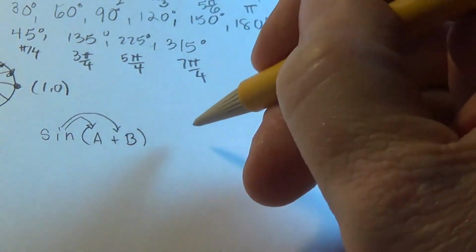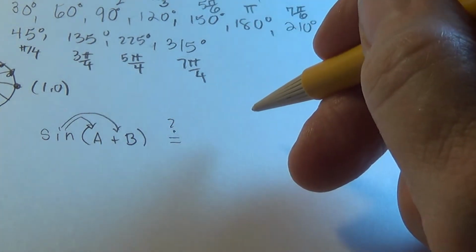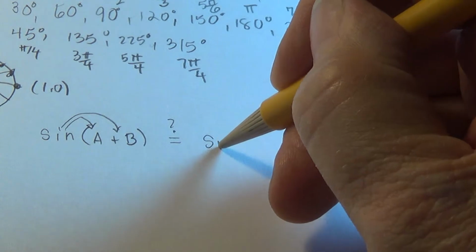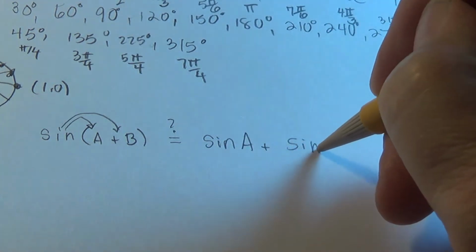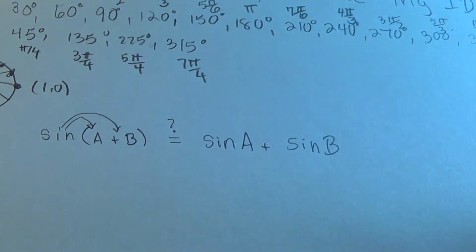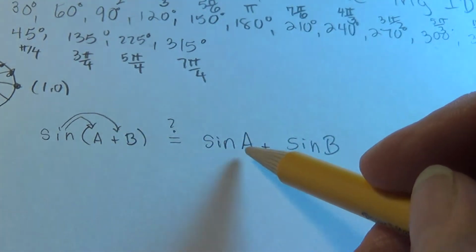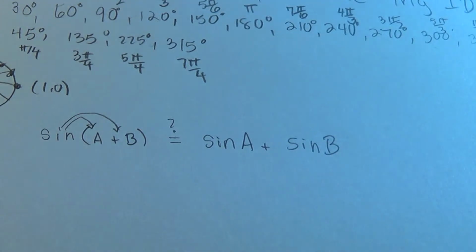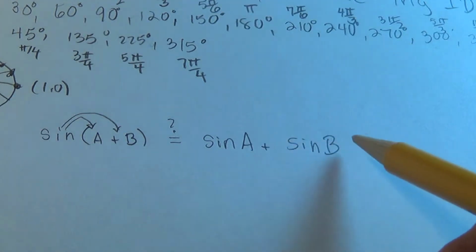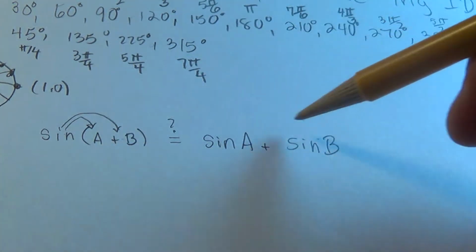Do you think perhaps, I'll put a question mark, sine of a plus b equals sine of a plus sine of b? Real numbers and expressions work that way. But does the sine function of a sum equal the sum of the sines? Let's say that again. Does the sine of the sum equal the sum of the sines?